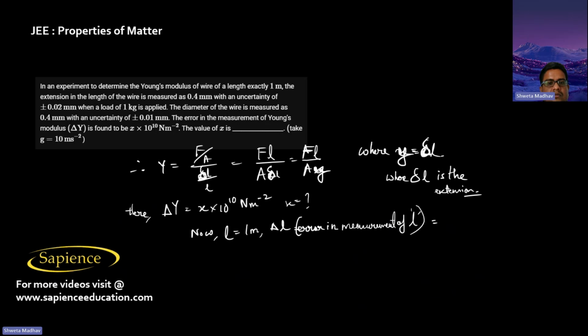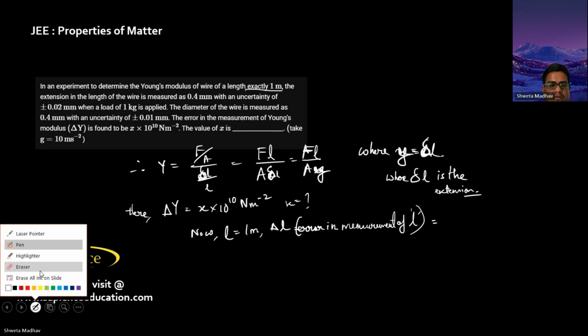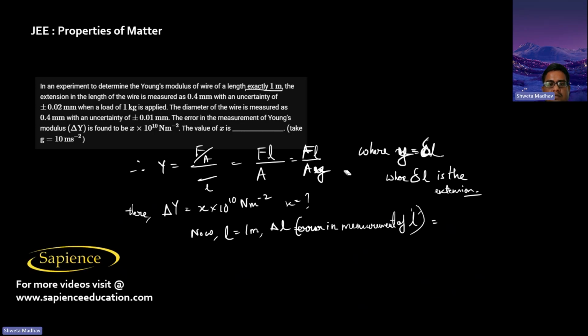Okay, so it means here the length of the wire is exactly 1 meter. So there is no error. So we can keep this as delta L only.